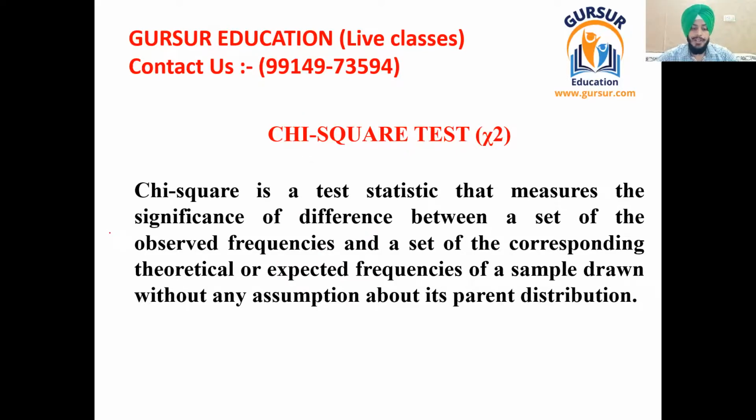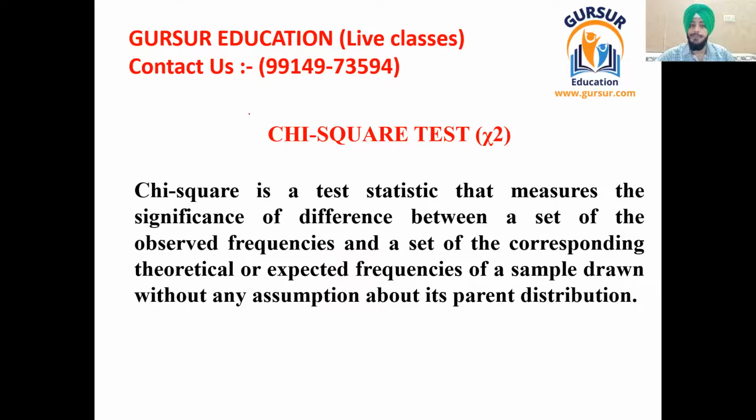First you observe yourself, second are already given in your numerical or practical. And when you compare these two frequencies, then you can draw the conclusion about the sample, whether they relate to each other or not. So this is chi-square test.